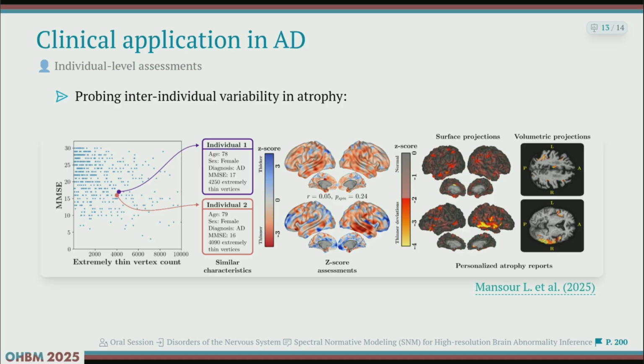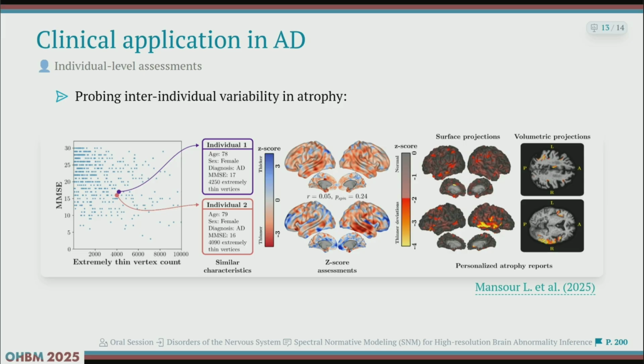And after that, we were thinking, okay, these are all group level findings. What can we tell about the individuals? And we looked into the individuals and we saw, wow, there's a lot of heterogeneity. For example, 2 people shown here both have the same diagnosis, the same level of cognitive impairment, similar age and sex. However, when you look at their cortical thinning, cortical atrophy patterns, they are very different.